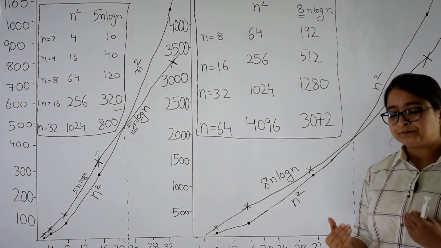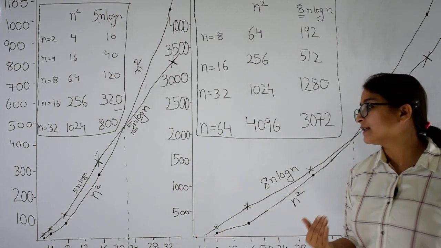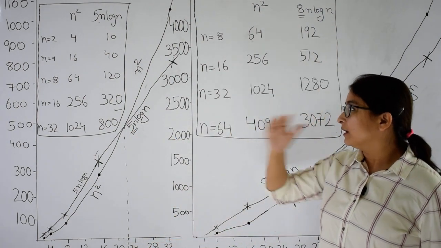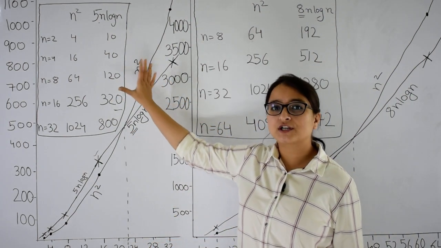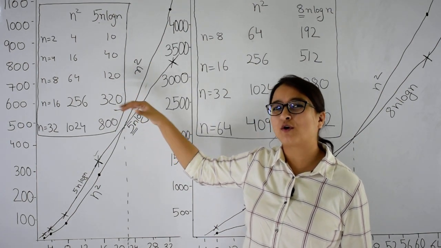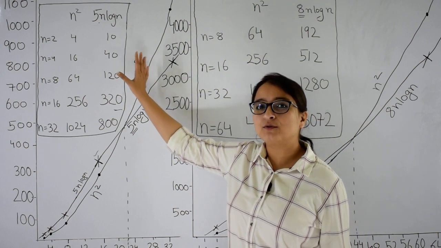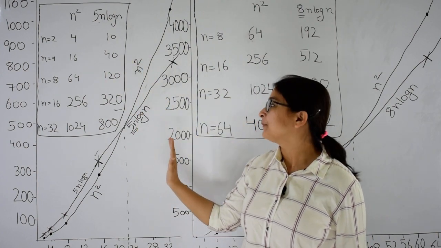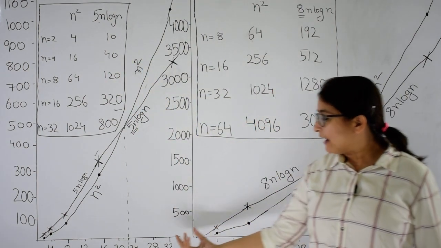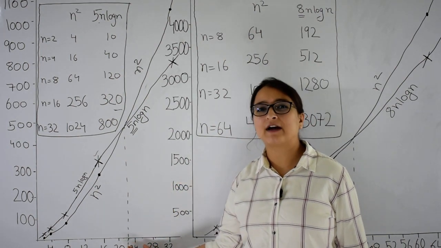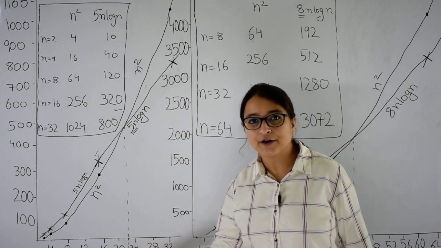When we do asymptotic analysis, we will call the value at which the functions start showing their true colors, where n square gives a larger value than 5n log n, as n naught.